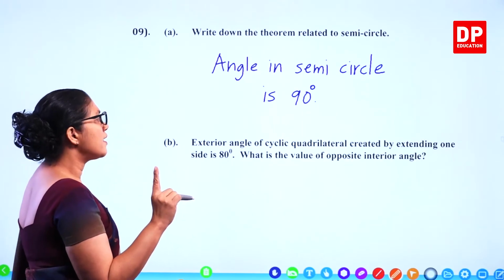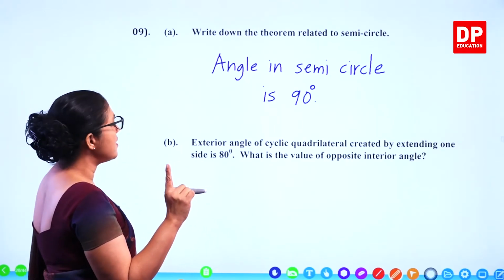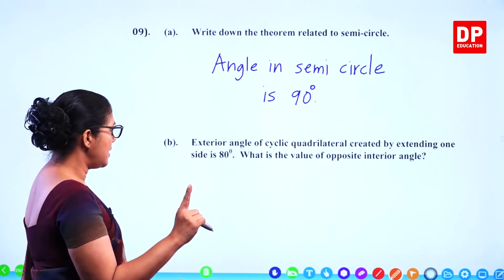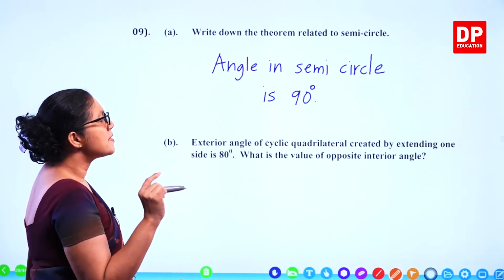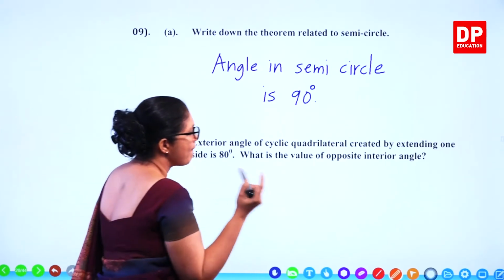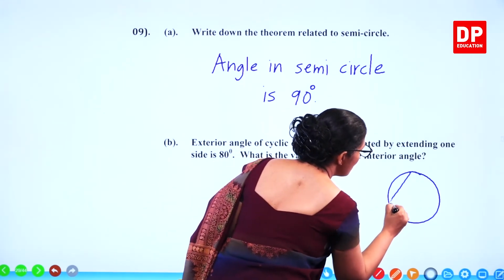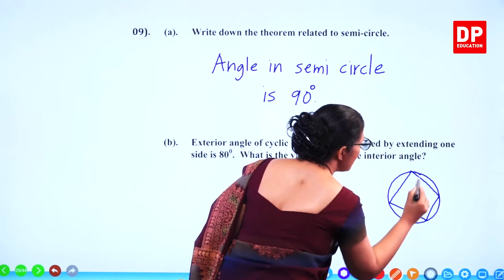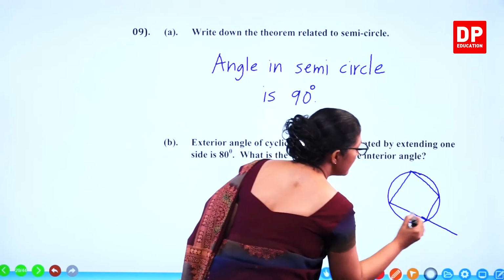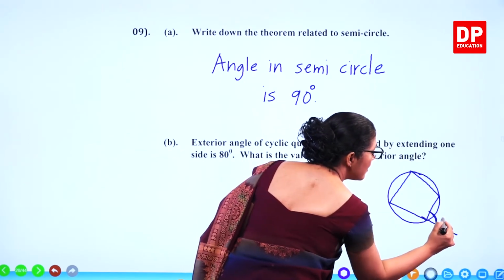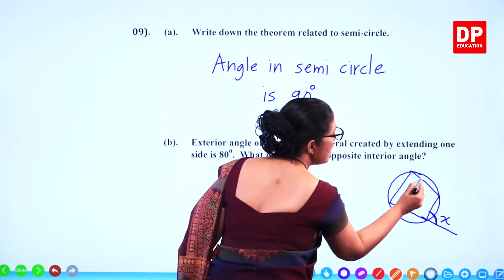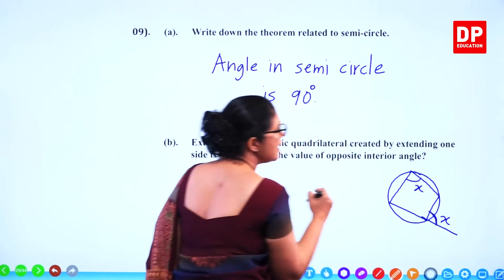Exterior angle of cyclic quadrilateral created by extending one side is 80. What is the value of opposite interior angle? What do you know about cyclic quadrilateral? If you take any cyclic quadrilateral and if you extend one length, the exterior angle is always equal to the opposite interior angle.